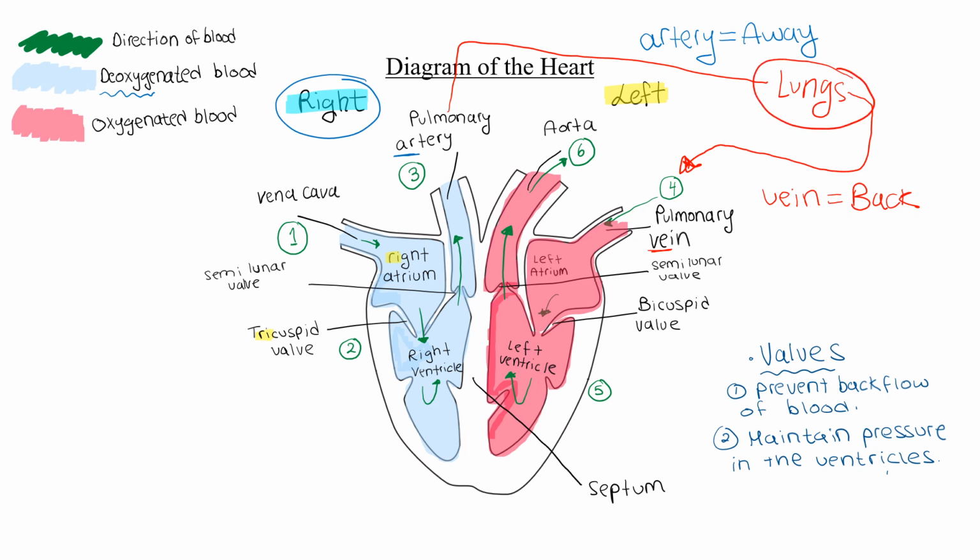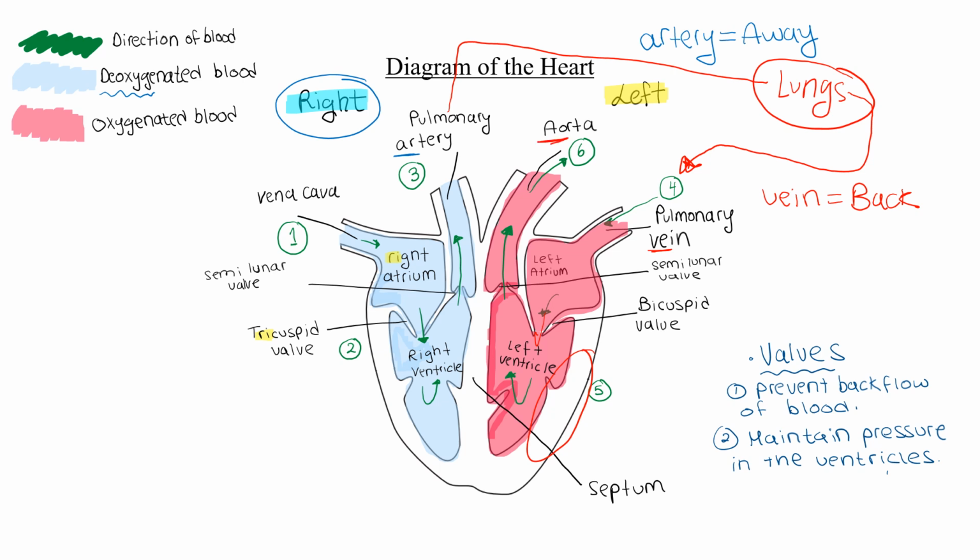Okay, so the oxygenated blood is going to enter through the pulmonary vein into the left atrium. The bicuspid valves are going to open, the blood is going to flow downwards into the left ventricle, where then this muscle is going to contract and it's going to push all the blood through and away from the aorta.